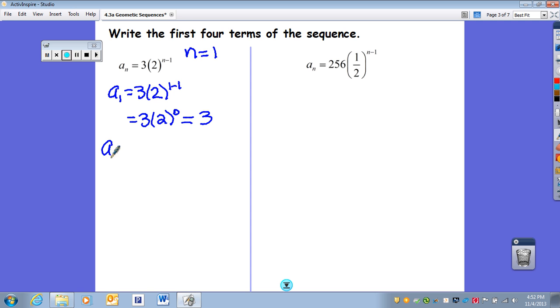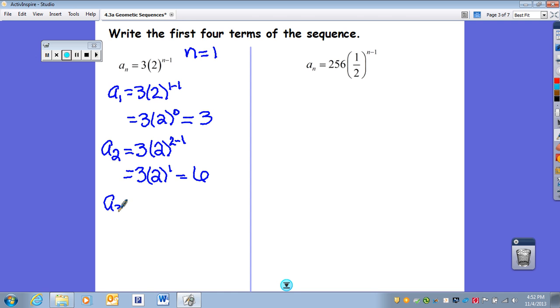Next, if I want the second term in my sequence, I have 3 times 2, and this time I'm going to use 2 for my n because it is the number 2 term. So when I finish calculating, I have 2 minus 1 as my exponent, which is 1. 2 to the first power is 2, times 3 would be 6.